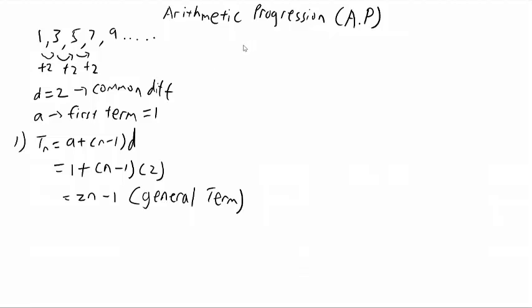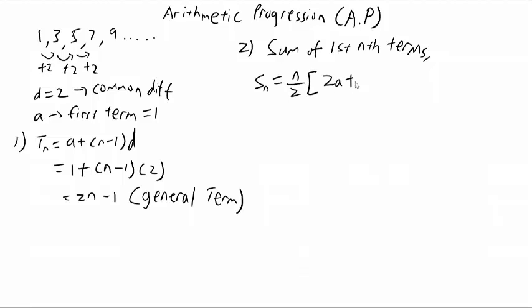The second important formula is the sum of the first n terms. In short form we call it Sn. Sn stands for the sum of the first n terms. The formula is given by n over 2 open bracket 2a plus (n minus 1) d.